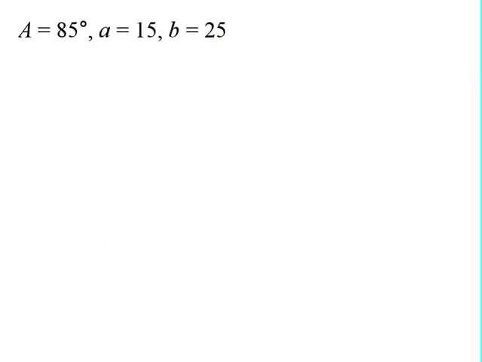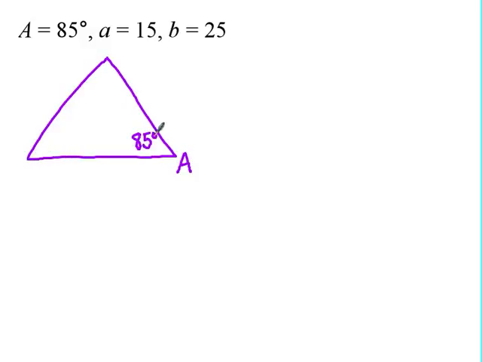So, okay, let's go ahead and look at this one. We have angle A is 85 degrees, side A is 15, and side B is 25. So let's go ahead and draw a picture. Okay, I'm just going to kind of mix things up a little bit, just so that we don't always get so inclined to always looking at the same.